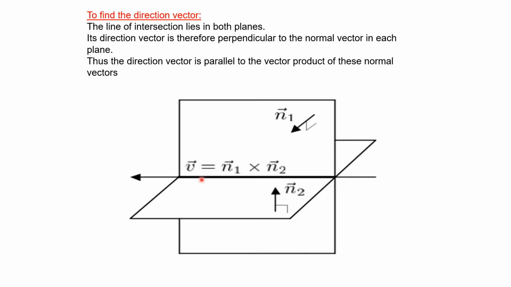When you are required to do calculation, you can straight away work out that when two planes intersect, the cross product or vector product of the normal vectors of the two planes represents the direction vector of the line.